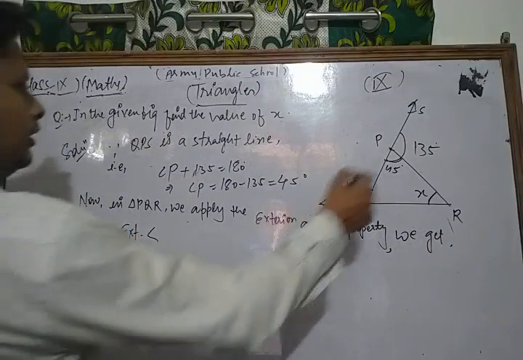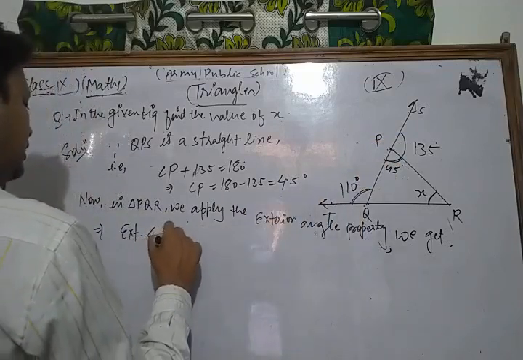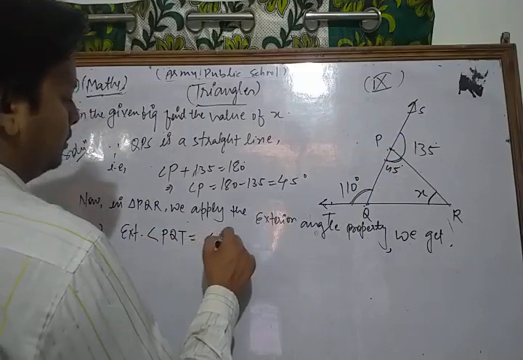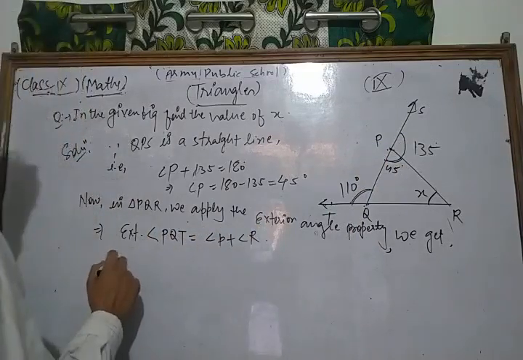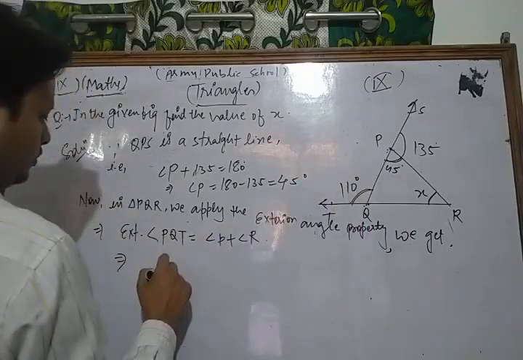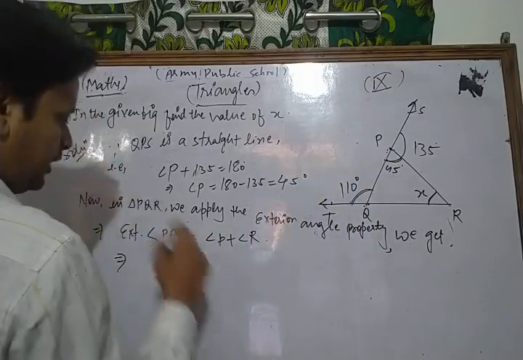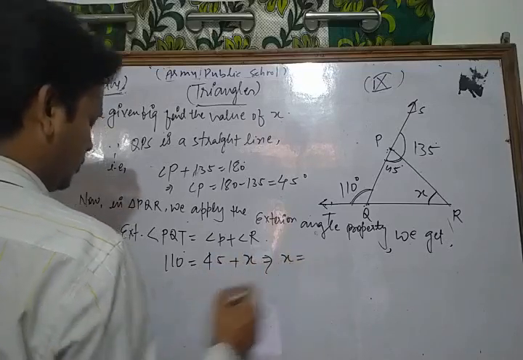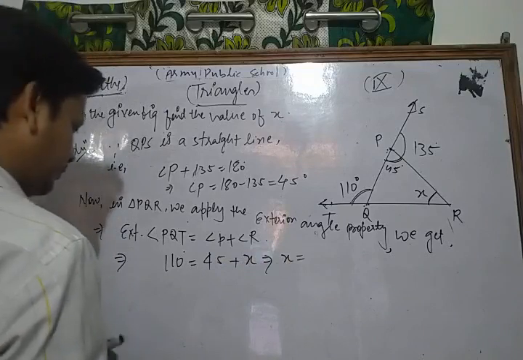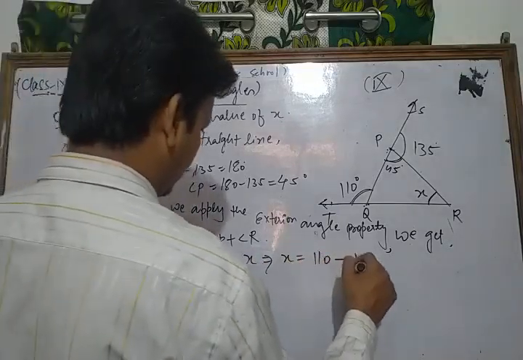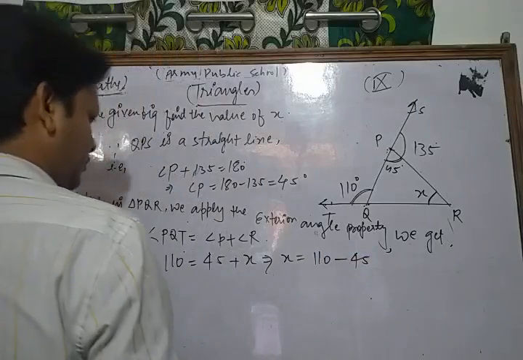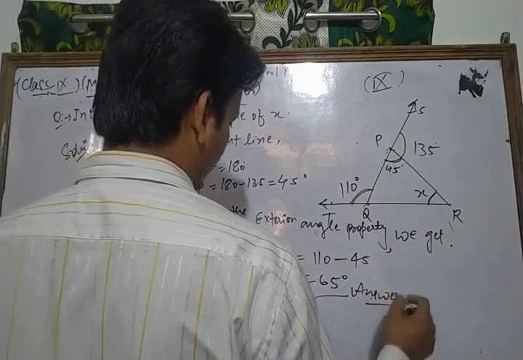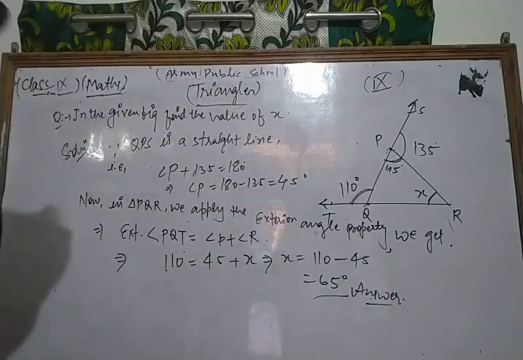Exterior angle PQT is equal to angle P plus angle R. So angle PQT is equal to 110. Angle P is 45. This is x. So from there the value of x is equal to 110 minus 45, which is 65. This is our required solution of the given question.